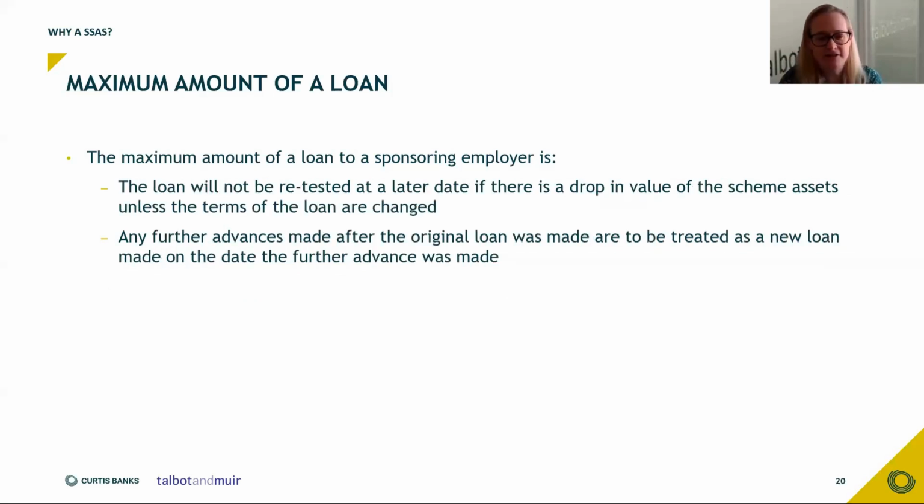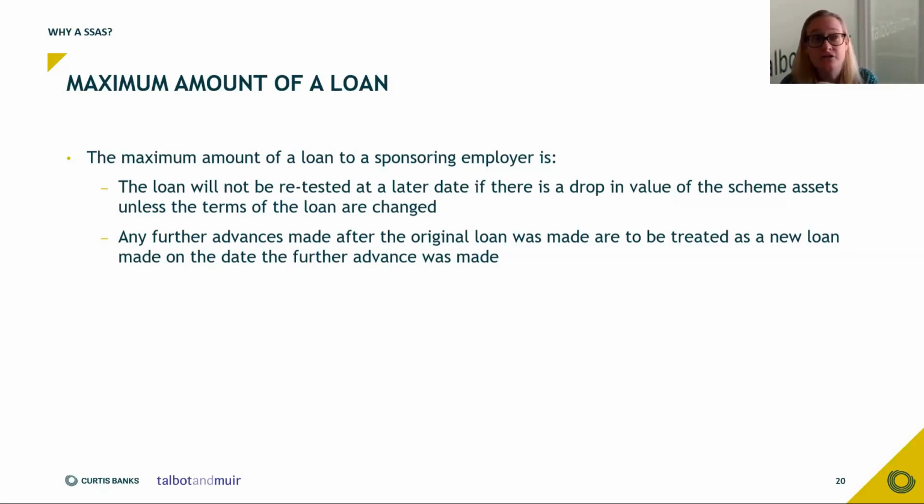It's as well to say, in case anybody is concerned or worried, the value of the scheme is measured at that point just before we release the loan. It's then not retested during the 5-year term of the loan. The only time that we would do a retest is if the members are looking to do another loan, a new loan out to the sponsoring employer.